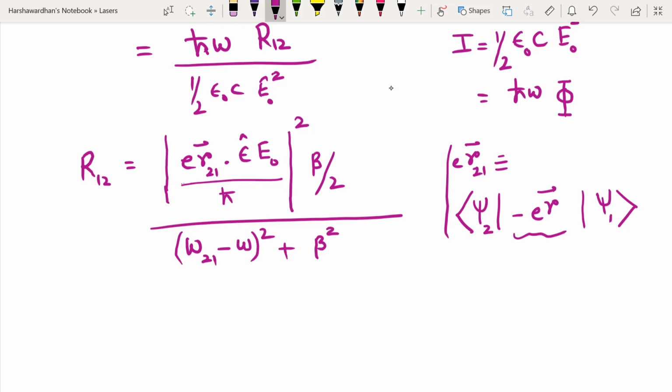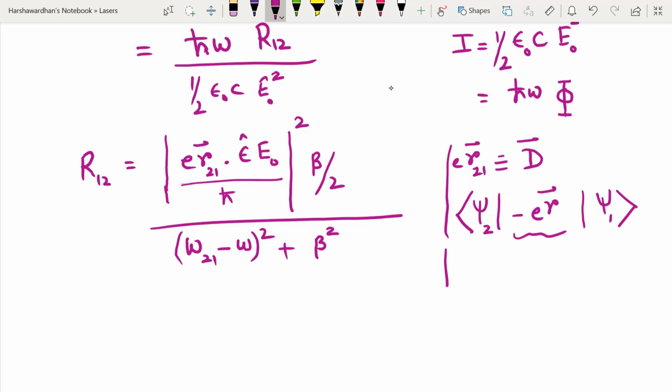And for simplicity, we can just replace this whole thing with the dipole moment of the atom, right? So we will use this short form to capture this.